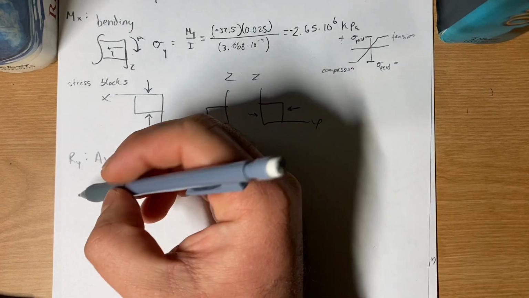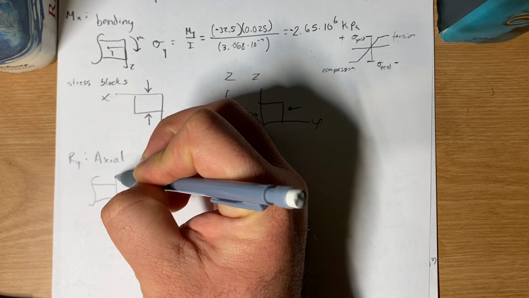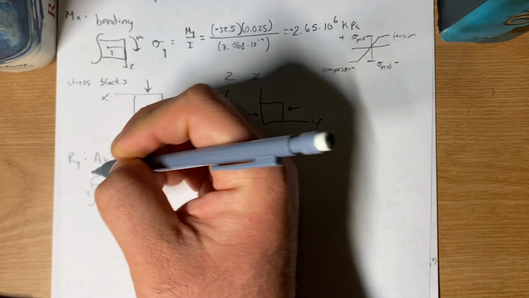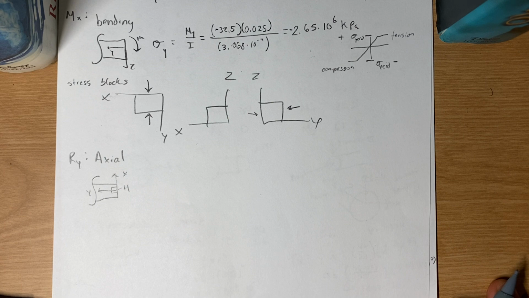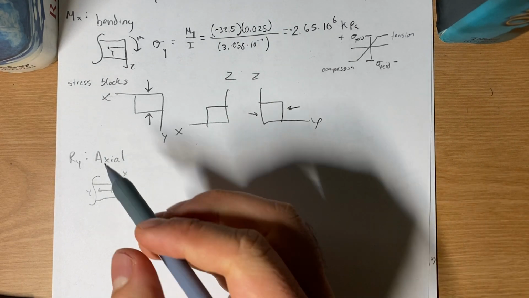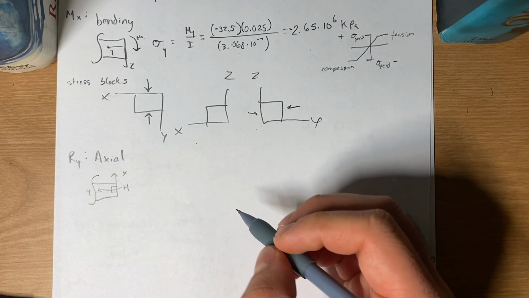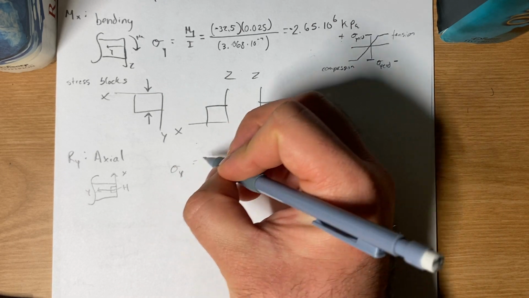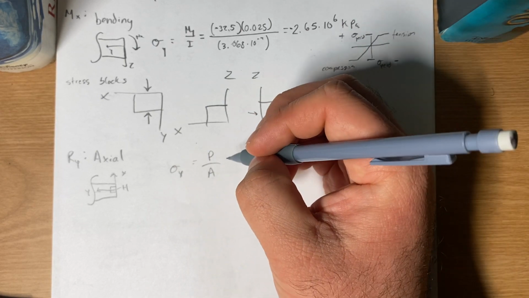So my transverse cut looks like this. This is my x, this is my y, and this is h. You can see my point of interest and it's going through it. The equation for this is sigma y equals P over A. P is just the force, and A is the area of the circle.